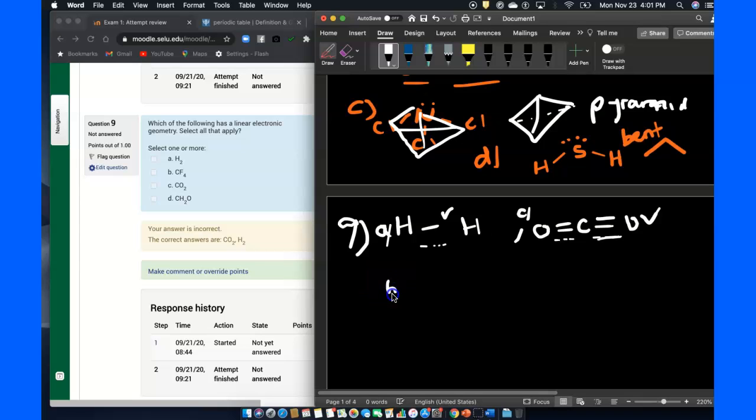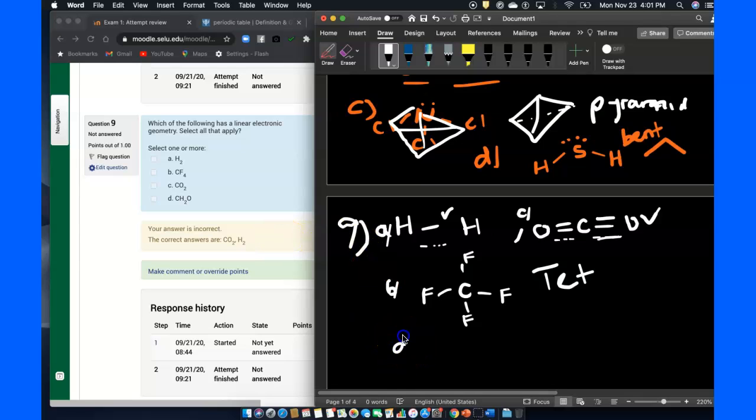But if you look at B, for electronic geometry, the bonds will give you a tetrahedral structure. There's no lone pair on the middle atom, so both molecular and electronic geometry will be tetrahedral. We are looking for linear.